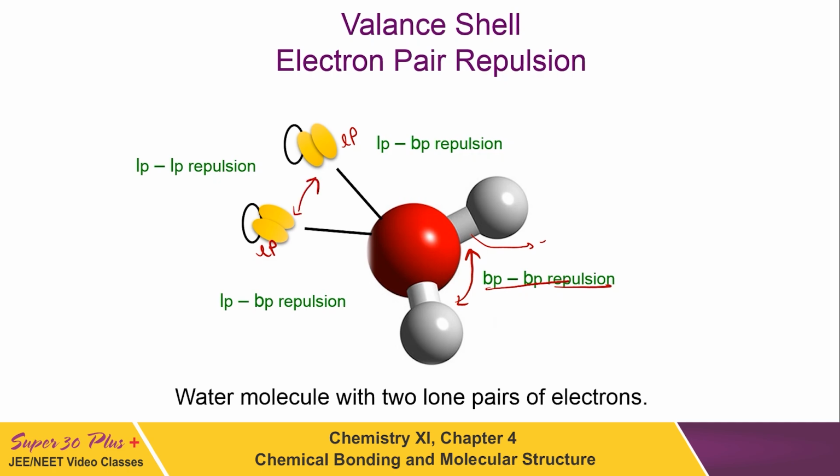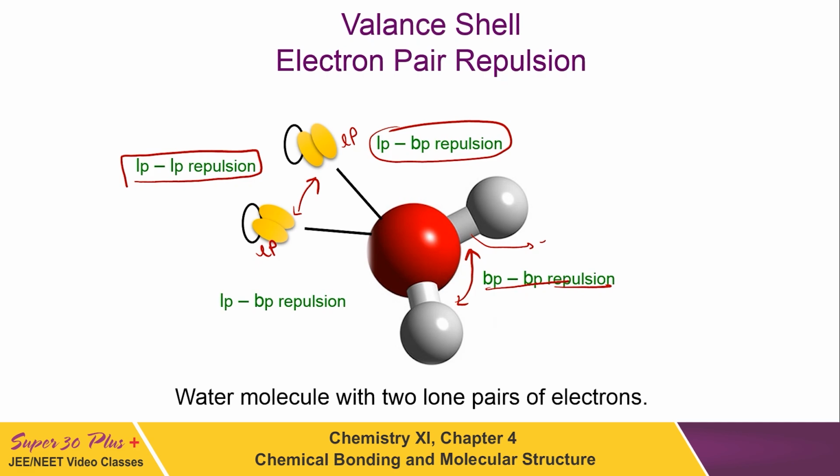It is lone pair repulsion. And the moderate repulsion, lesser than lone pair and greater than bond pair, is the lone pair bond pair repulsion. So there are 3 possible repulsions in the molecule: bond pair, lone pair, and lone pair bond pair.